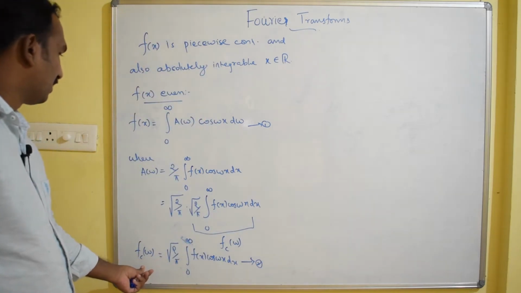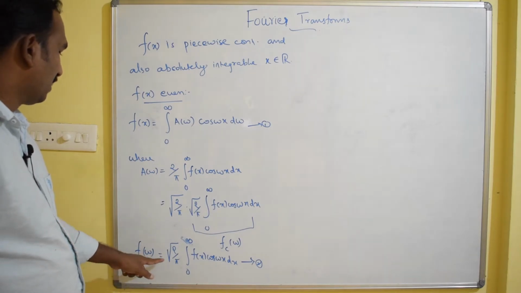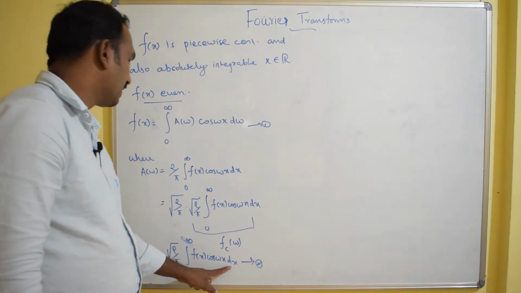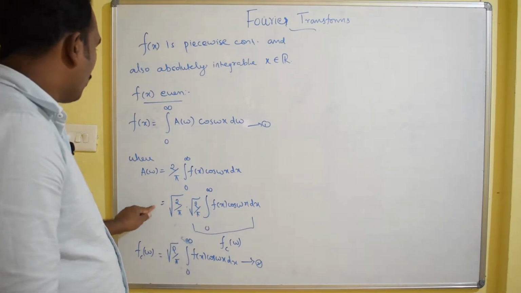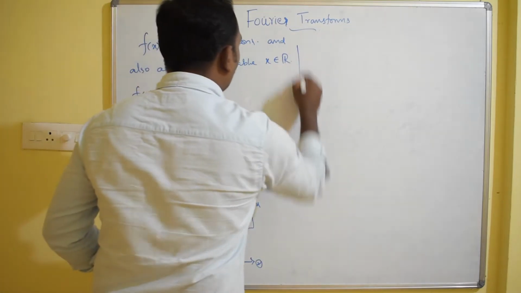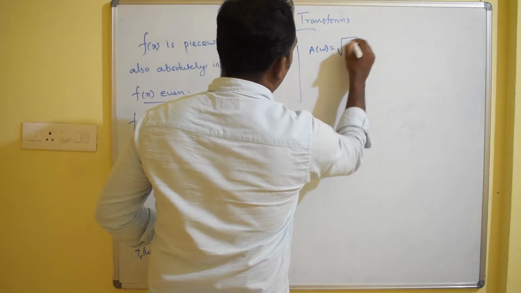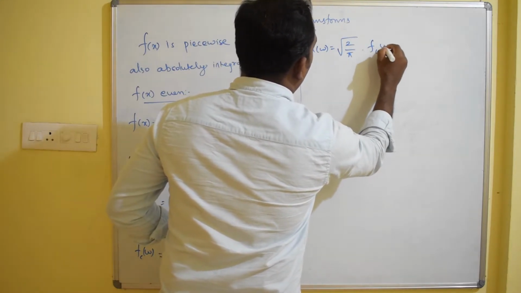Now substitute F c of omega. What is F c of omega here? That is root of 2 by pi integral 0 to infinity f of x cos omega x dx. Substitute here, what you will get? A of omega will become root of 2 by pi times F c of omega.